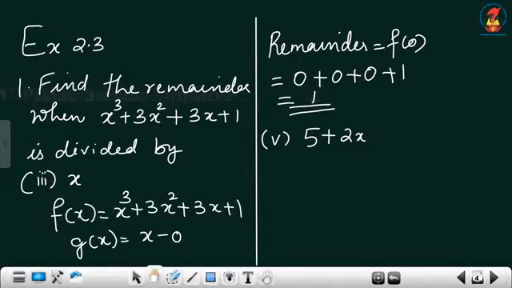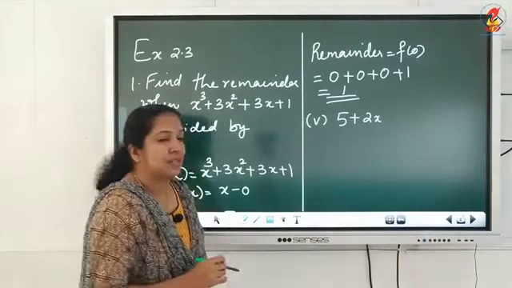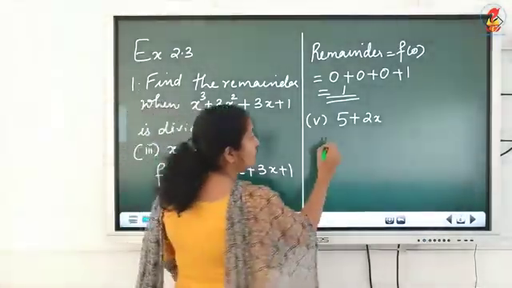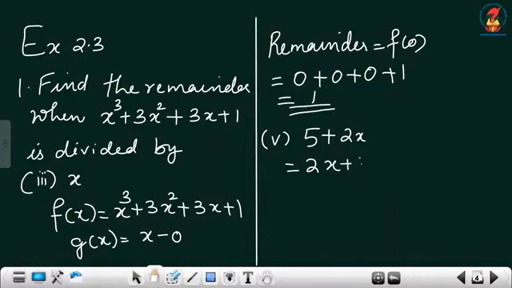Then next, the fifth subdivision, in which the linear polynomial is given as 5 plus 2x, but we should get it in the form x minus a. For this, we have to write this as 2x plus 5. We need to make the coefficient 1. For that, we are taking out this 2.